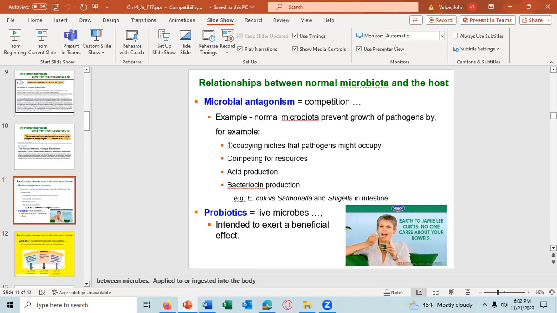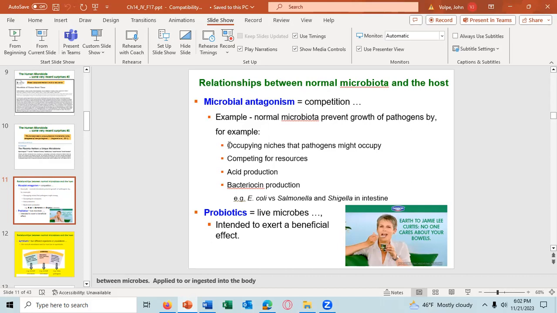So the normal microbiota can engage in microbial antagonism with human pathogens, such as preventing the growth by simply occupying the niche the pathogen is trying to occupy, competing for resources. The normal microbiota can also change the environment, making it less hospitable to the human pathogen. For example, the normal microbiota of our skin makes our skin more acidic.